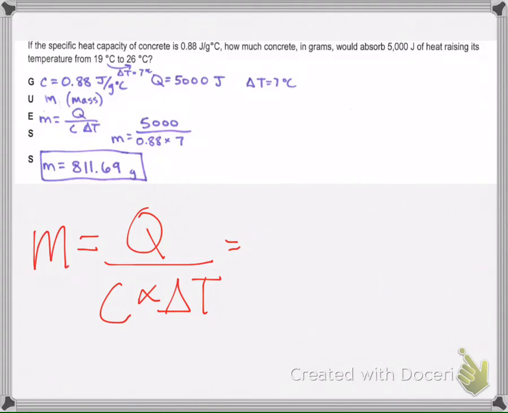So per the problem, I know the specific heat of concrete. That's given to me. We want to know how much concrete in grams, so I'm looking for mass, would absorb 5,000 joules of heat, raising the temperature from 19 degrees Celsius to 26 degrees Celsius.